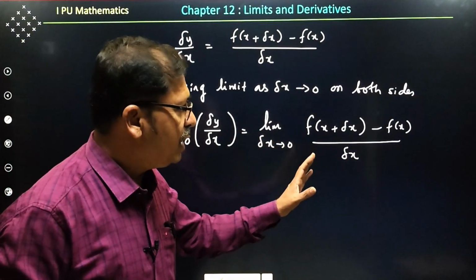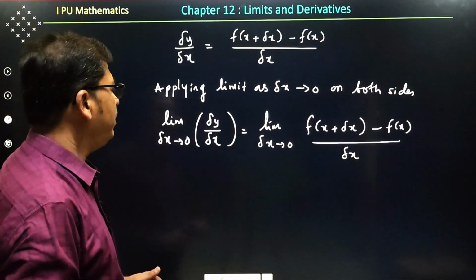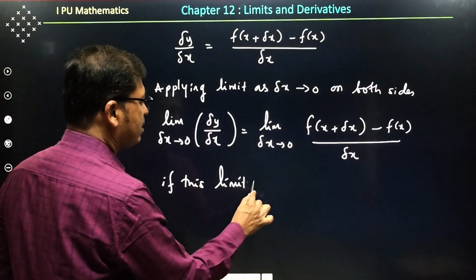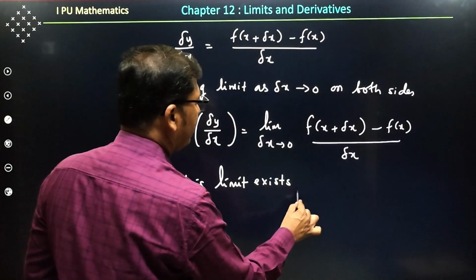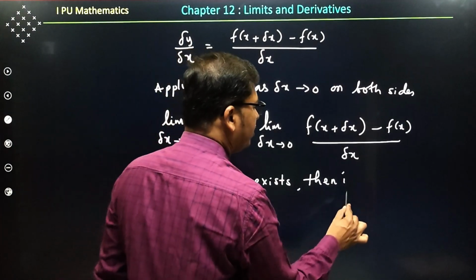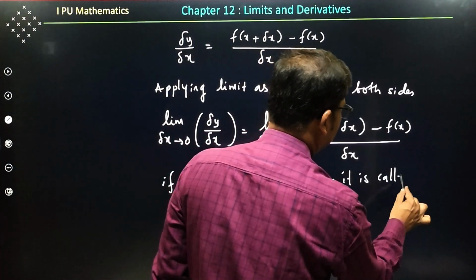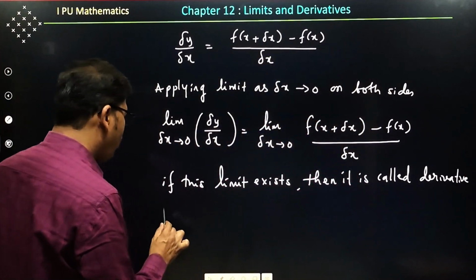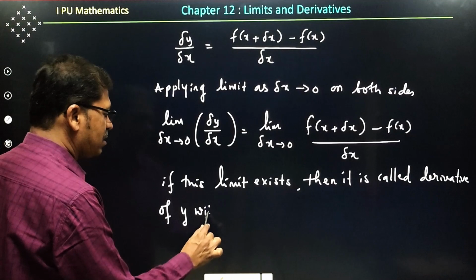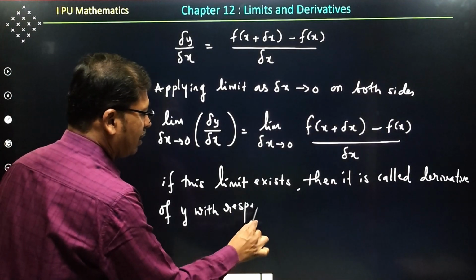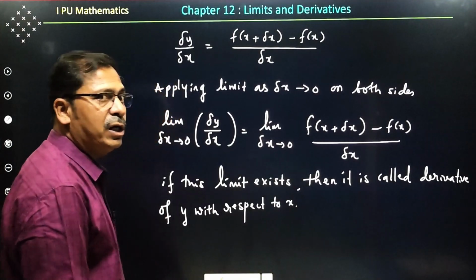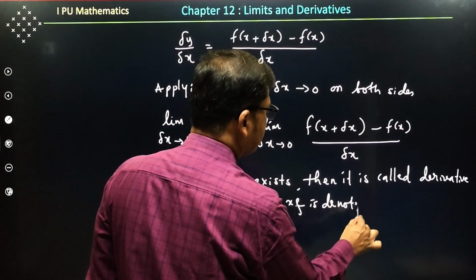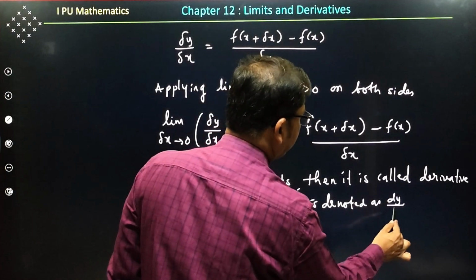If this limit exists, then it is called the derivative of y with respect to x, and is denoted as dy by dx.